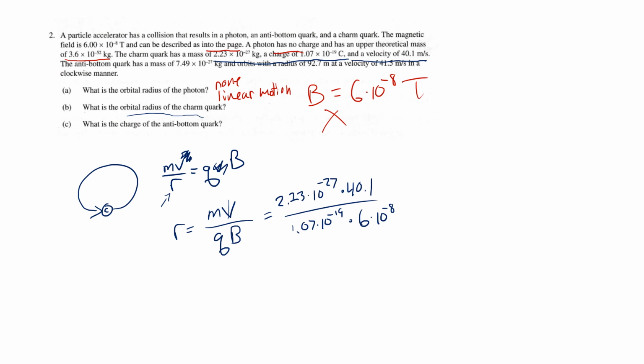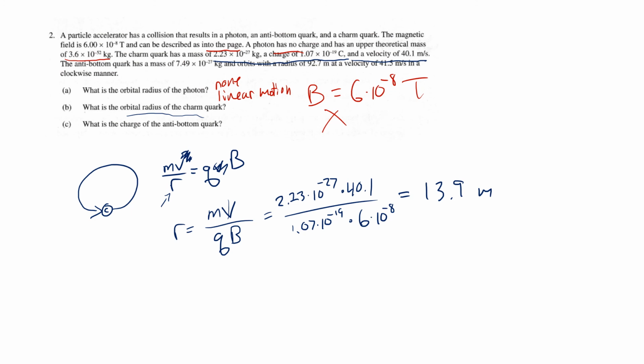Isn't this fun? Typing. Oh, I made a mistake. Times 10 to the minus 8. Oh, no, I'm okay. All right, so for a radius, I got 13.9, and that would be in meters because we're using standard units here. Cool.